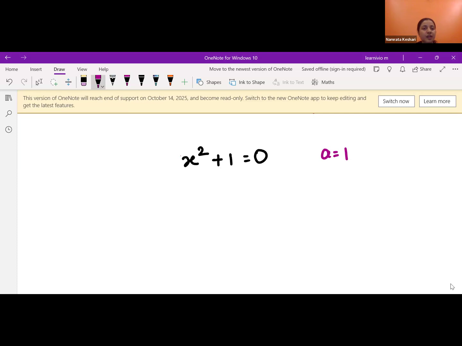Yes, teacher. Now, when you try finding b, you need to realize that the standard form was ax square plus bx plus c is equal to 0. b is that number which is multiplied with x, and here we don't have such an x term in our equation.